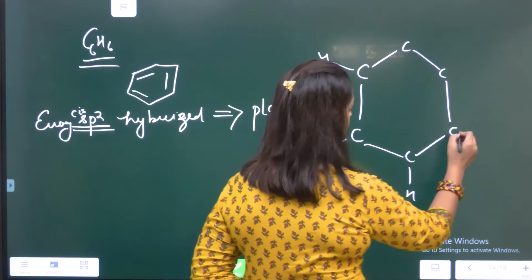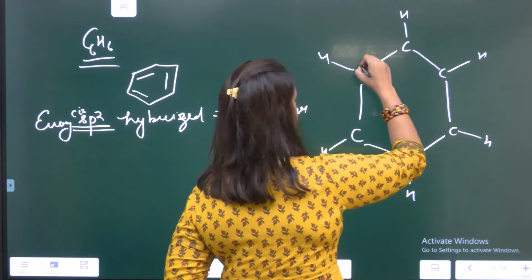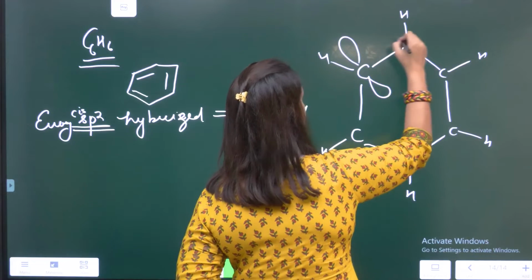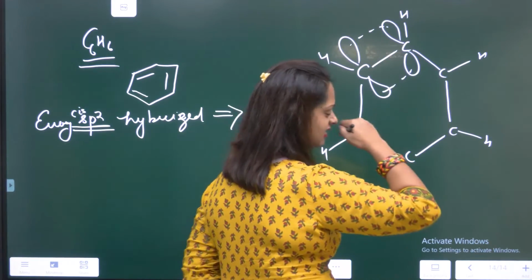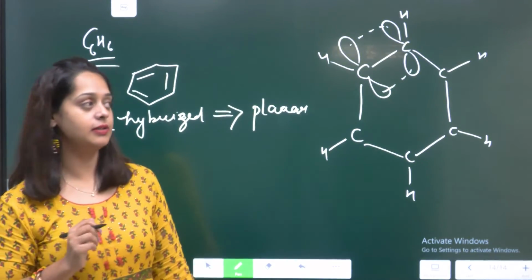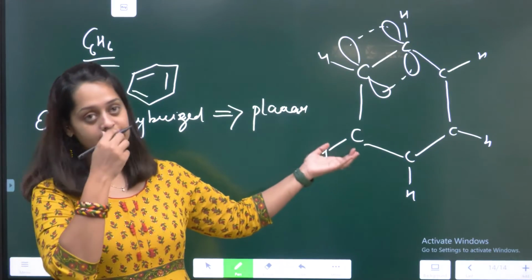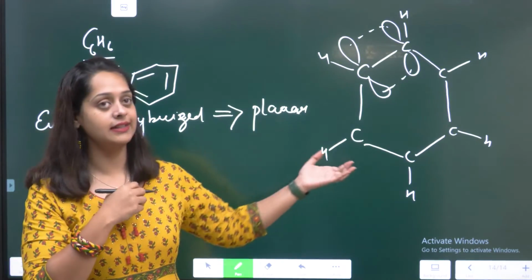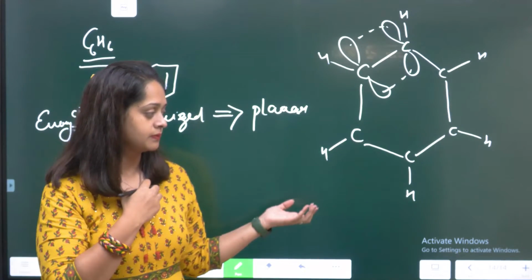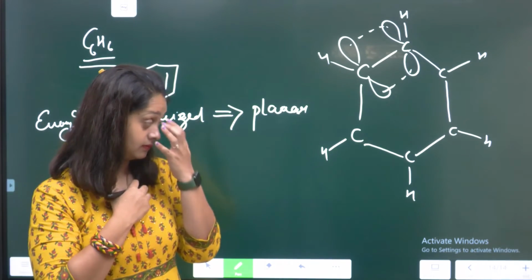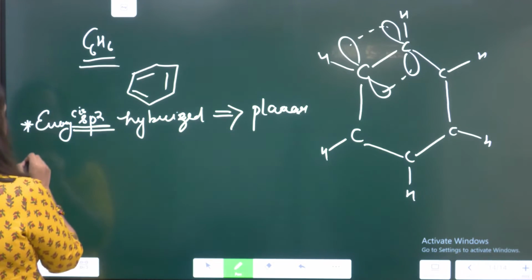The bonds which are lying above and below are the pi bonds, which are not in the plane. But as such the molecule is planar in structure. We determine the structure using the single bonds. So this is planar. First condition has been met.